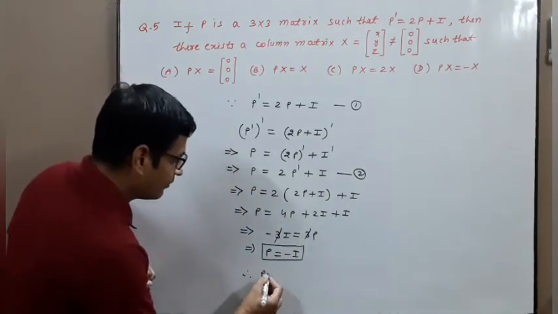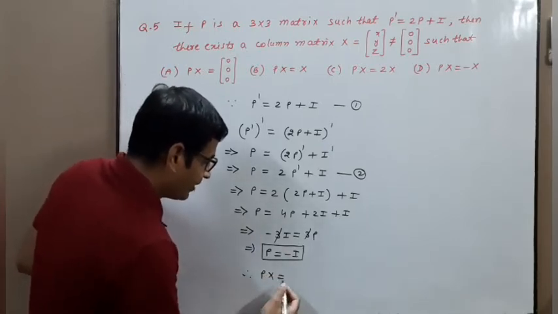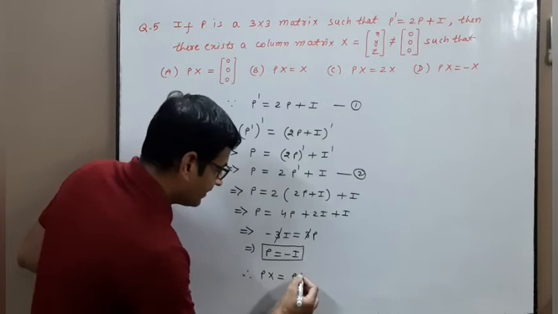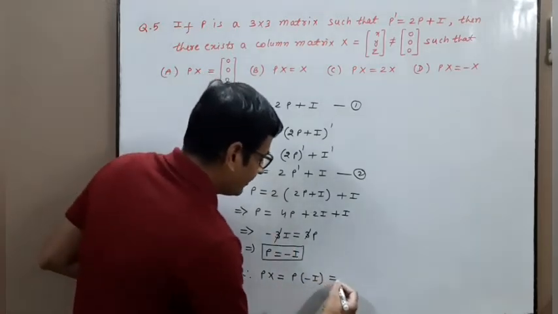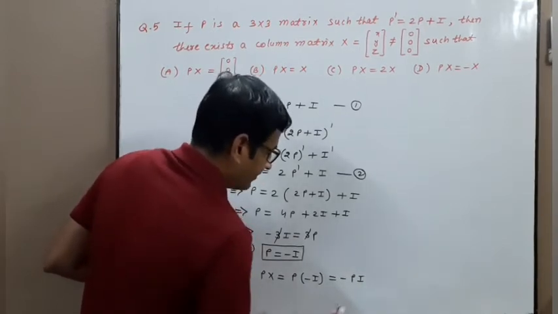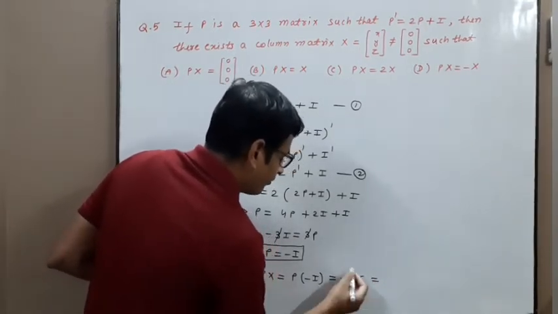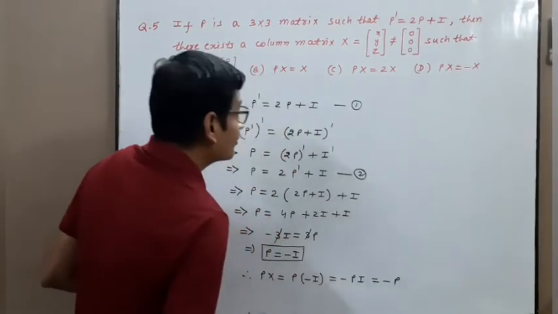Therefore Px equal to, so P into minus I. Minus sign common. Any matrix into identity matrix is equal to matrix itself. So minus P. So which of the options?